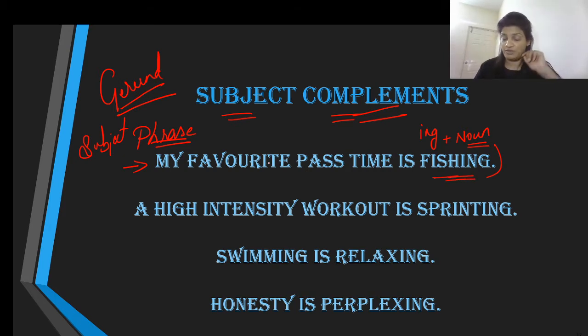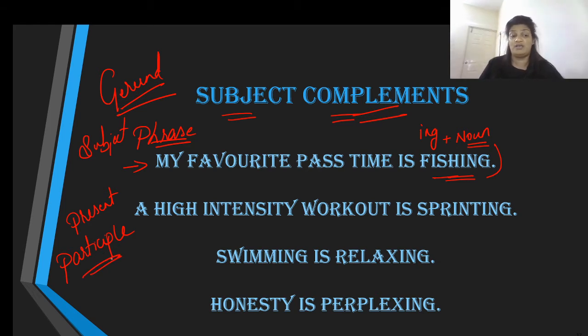Now there is one more thing that I want you to analyze. If you have watched my video on present participles, I had told you that in continuous tenses, when you have an ing verb next to the be verbs, then it is always a present participle.